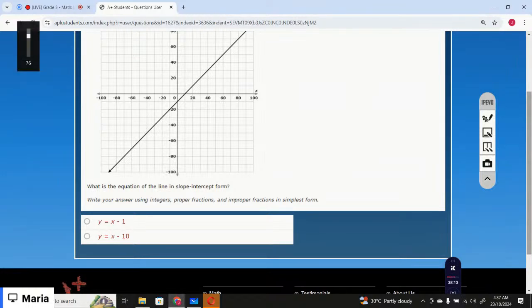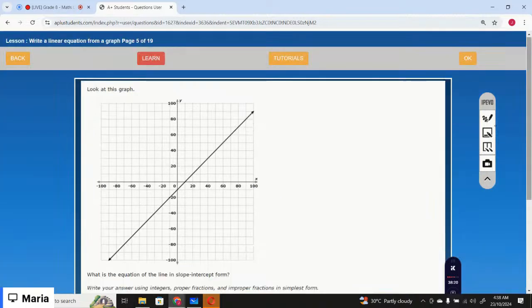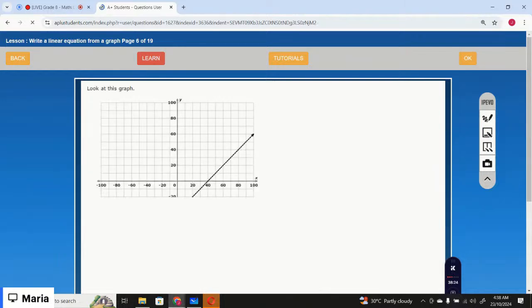The correct option is y equals x minus 10. Option number 2 is the correct option, right?